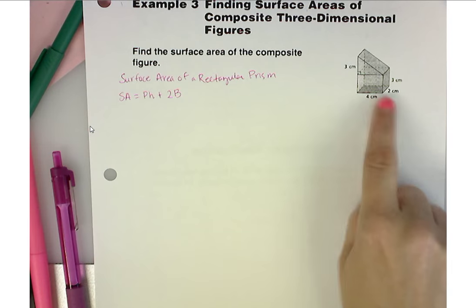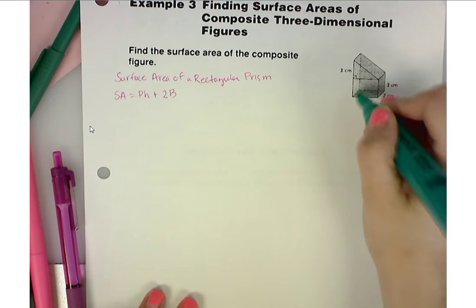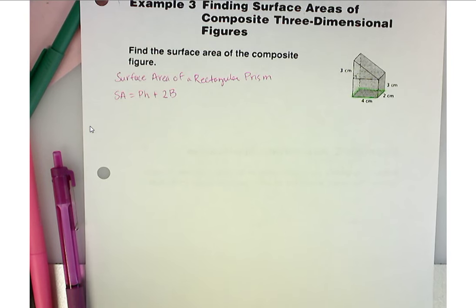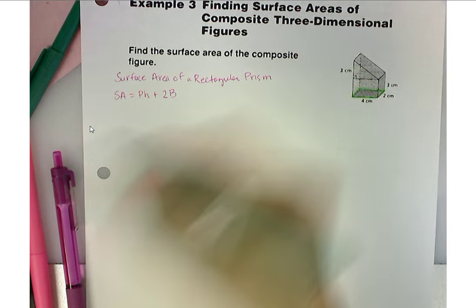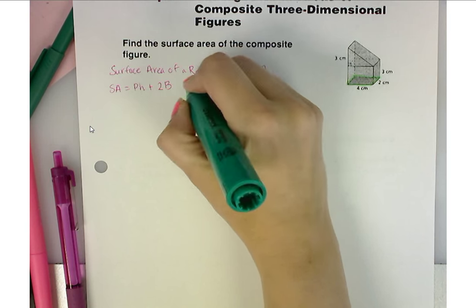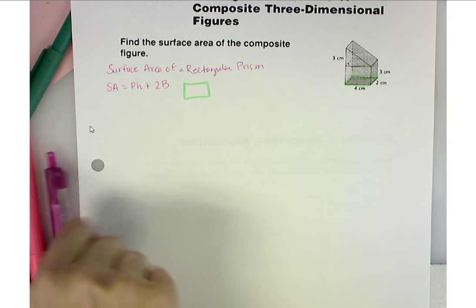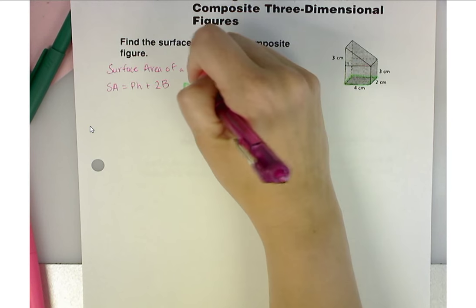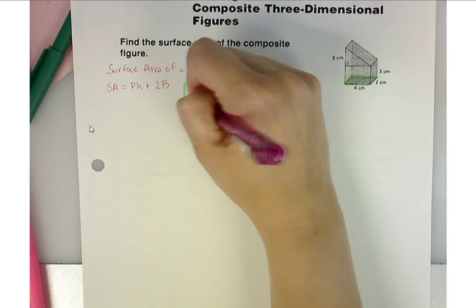If I look at the base here, I'll highlight it and draw a little picture so you know where that's coming from. The sides are going to be 4 and 2, 4 and 2.